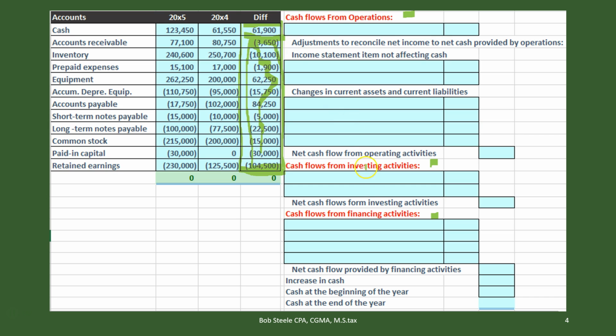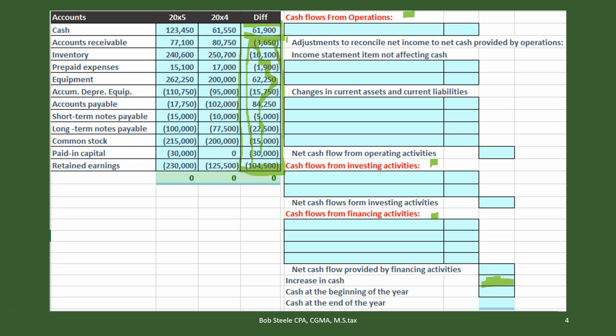We're going to find a home for all this stuff. The cash balance is going to be down here, the increase in cash. So if we find a home for everything except cash, and we subtotal all that up, it'll add up to the change in cash, which is what we're looking for when we talk about the flow of cash.